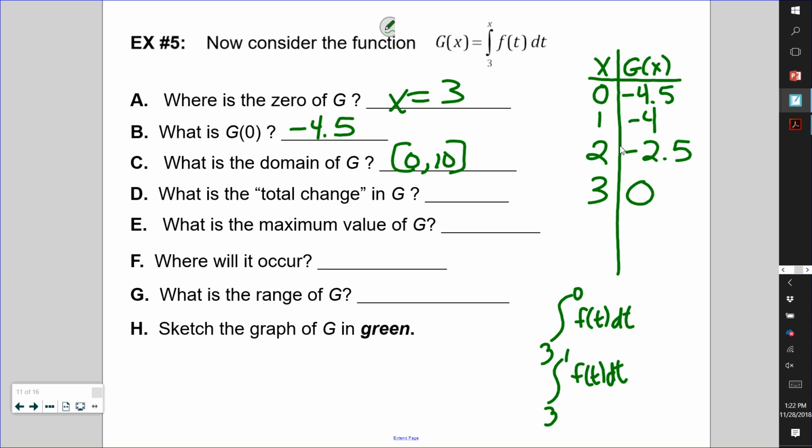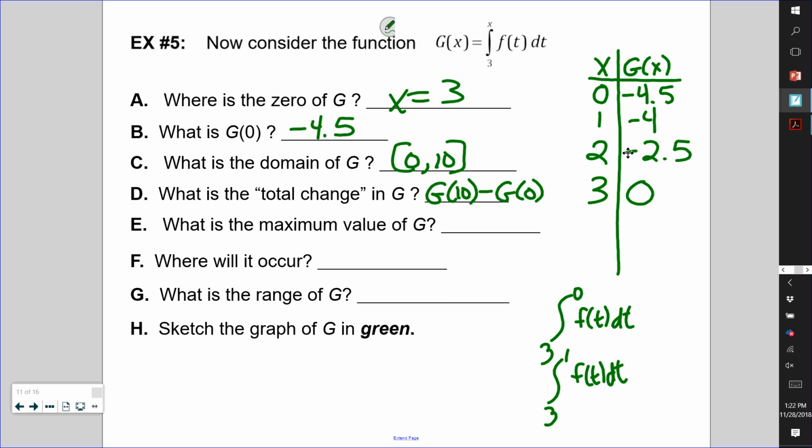So what that means is G of 10 minus G of 0. We haven't found G of 10 yet. Let's go ahead and find G of 10. We're going to need to find some other ones anyway, but we know what G of 0 is.